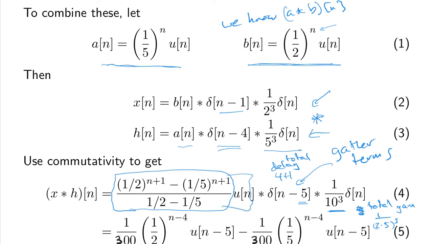We have this from the template. Gathering like terms, we get something like 1 over 300, 1/2 to the n minus 4, and then again, a minus 1 over 300, 1/5 to the n minus 4, u of n minus 5. And that's just gathering the like terms together.